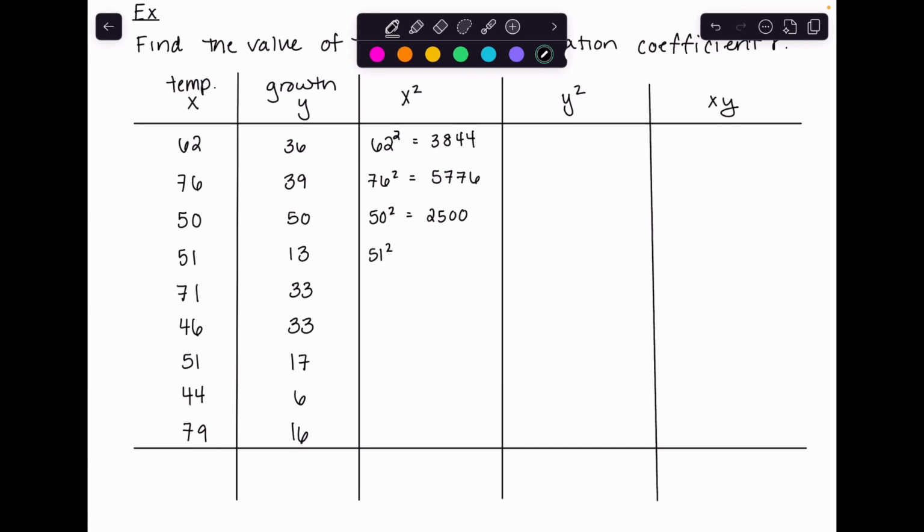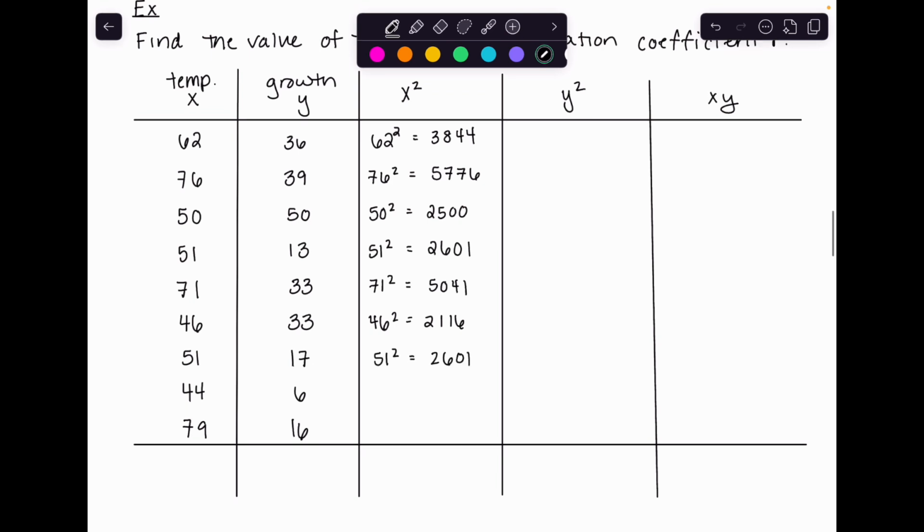Next x value is 51, so that squared gives you 2,601. 71 squared is the next value, which is 5,041. 46 squared is going to be 2,116. 51 squared, we already did, 2,601. 44 squared will give us 1,936.